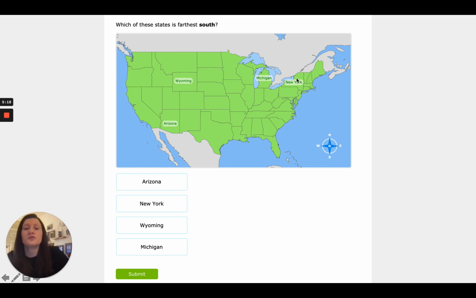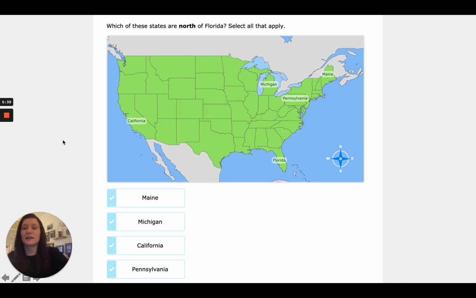They give us New York, Michigan, Wyoming, and hey, even Arizona's on here. We want the state that is farthest south, so the farthest down on our map, which happens to be Arizona.